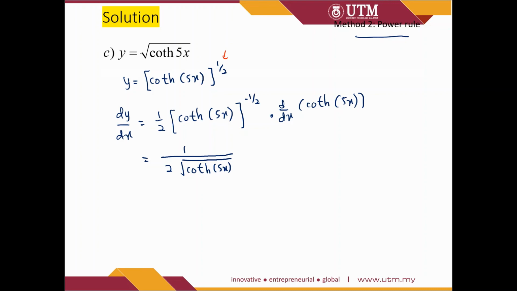The derivative of coth is negative csch squared of 5x. Then the next step is to find the derivative of this inner function.